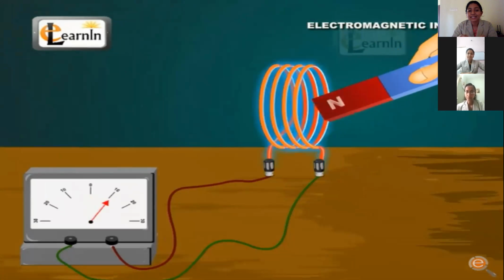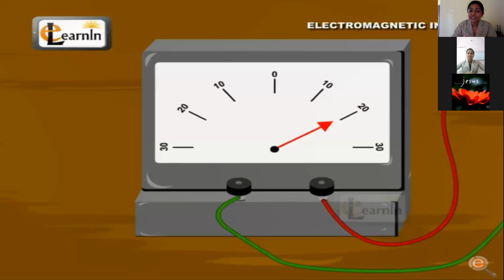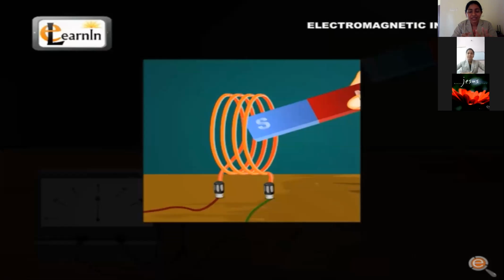This indicates that there is a current in the circuit. Now they introduce the south pole of the magnet towards the coil. Again the galvanometer deflects, but in the opposite direction to the one seen with the north pole.